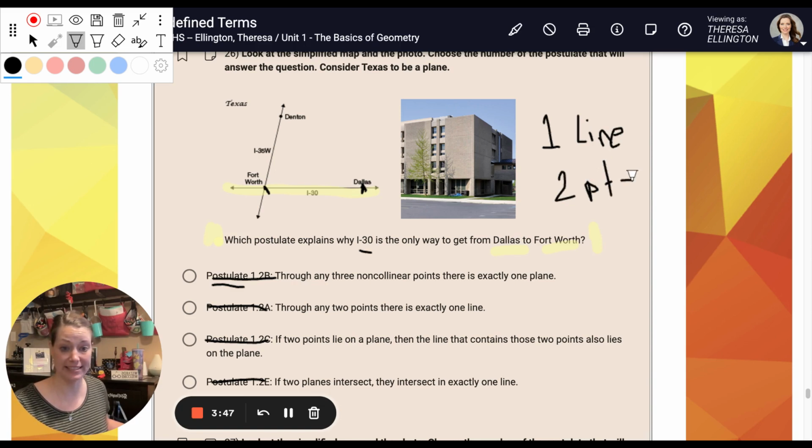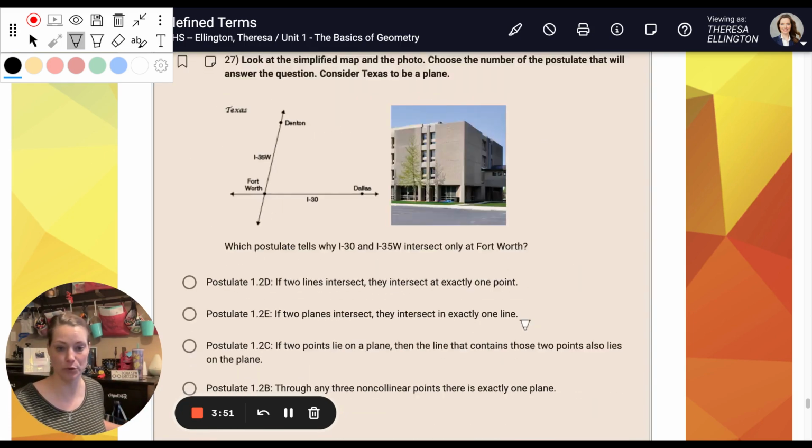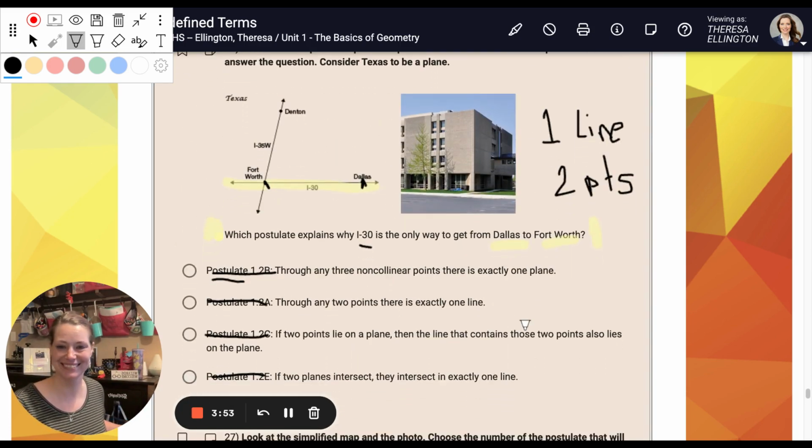I'm going to abbreviate, guys, because, yeah, writing with a mouse is really hard. All right, so now let's go through our answer choices. If it doesn't have exactly one line and 2 points, that's not right. And if it has more than that, it's still not right. It has to be only 2 points, only one line, okay?